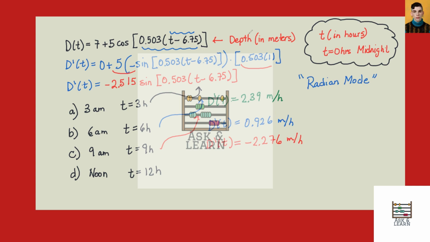Okay, so at noon then, we're just plugging in 12 for t. Then our rate of change is equal to minus 1.208 meters per hour. So if we want to know how quickly the depth changes, depending on the time in the morning, you can do it this way.